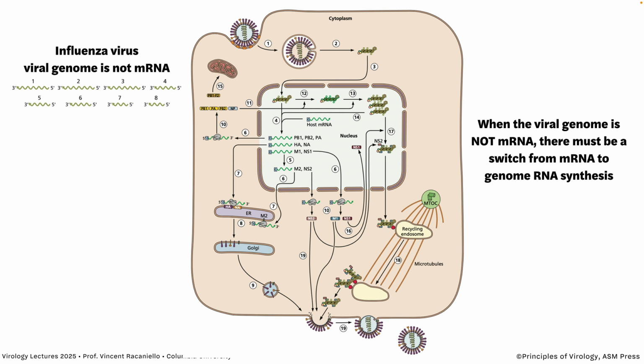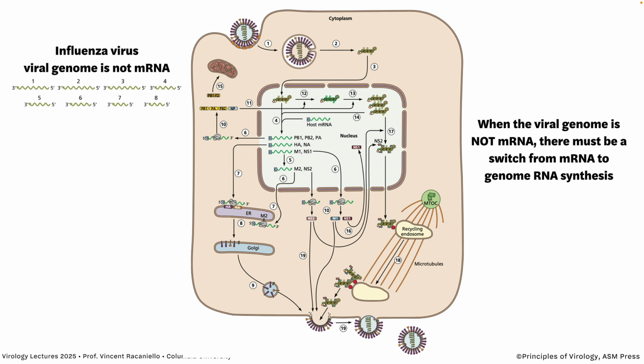So again, for flu, it's a very similar story, except the genome is segmented. It's in 8 pieces, but the genome is not mRNA. And again, when the genome is not mRNA, there has to be a switch from mRNA synthesis to genome RNA synthesis. And this is a very complicated slide, but what happens here is that the viral particle gets into the cell by endocytosis. The ribonucleoproteins get out. They have to go in the nucleus, actually.